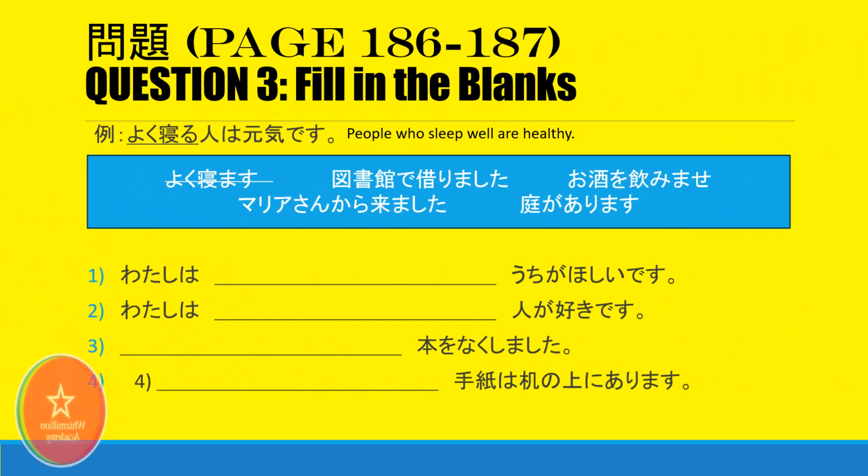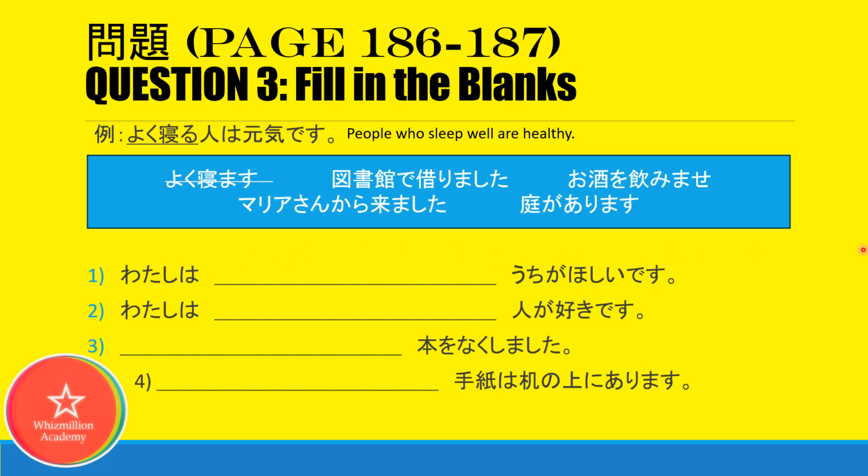Well, for question number 3 over here, we have to fill in the blanks. We have to choose the answers from the box above here. So we start with example 1. よく寝る人は元気です。People who sleep well are healthy.